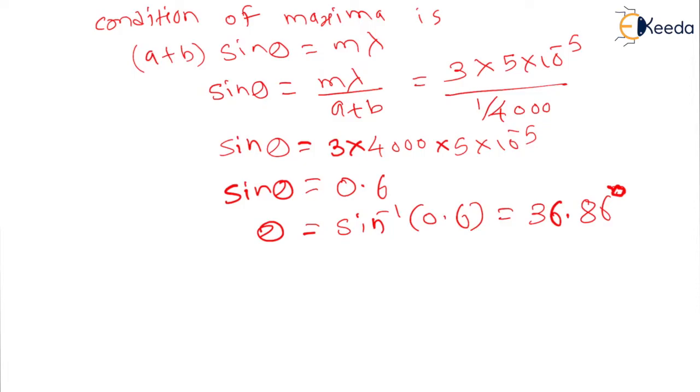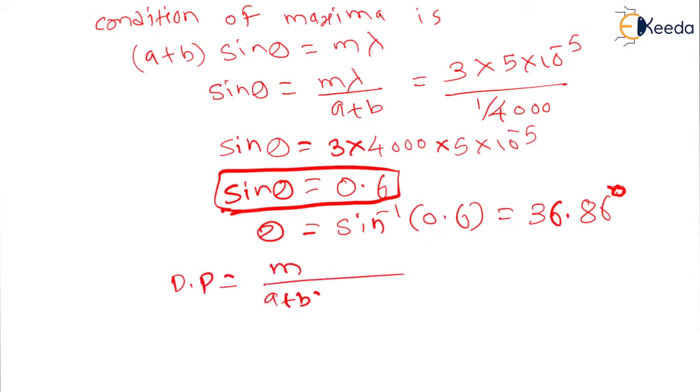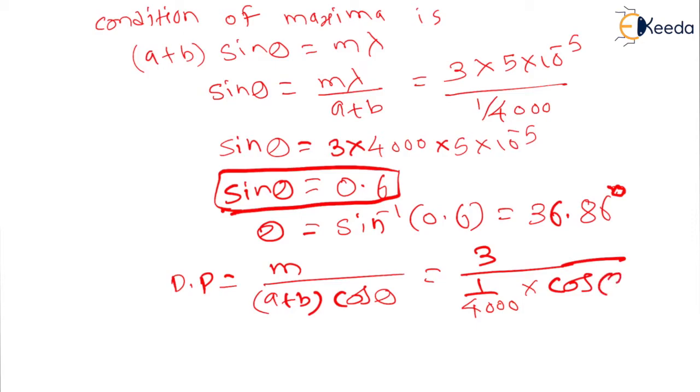Why have we found theta? Because we got sin theta, but in our formula we need cos theta. Now what is dispersive power? It is asked to find dispersive power. So dispersive power will be equal to m upon A plus B into cos of theta. What was m? m is 3, the order is 3. What is A plus B? It is obviously 1 upon 4000, into cos theta, cos of 36.86 degree.